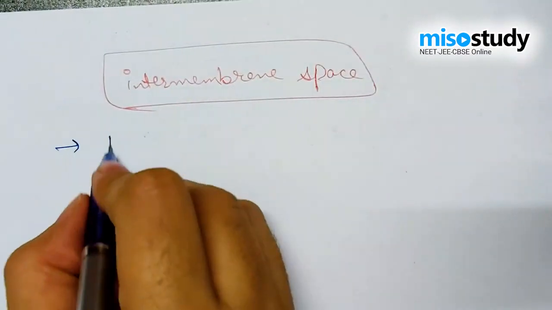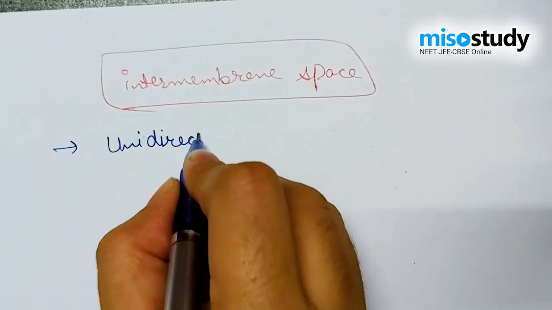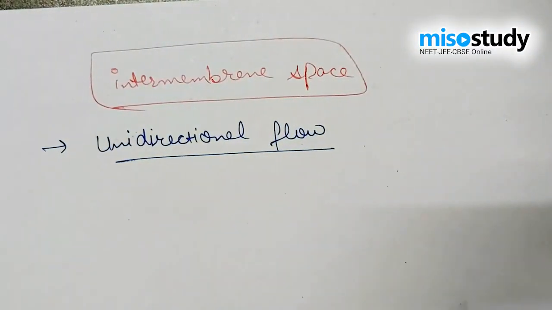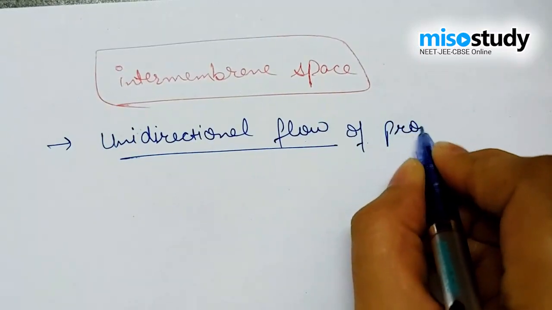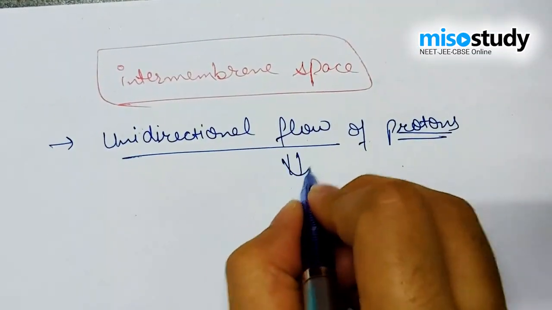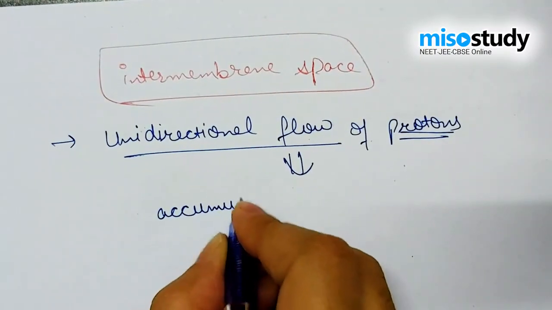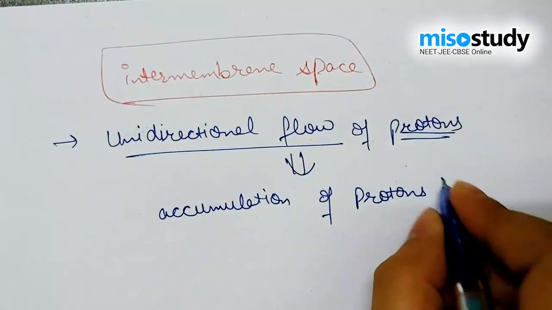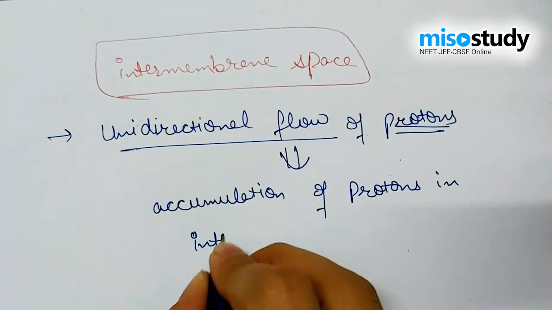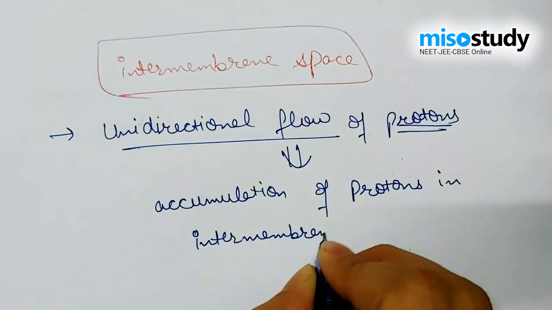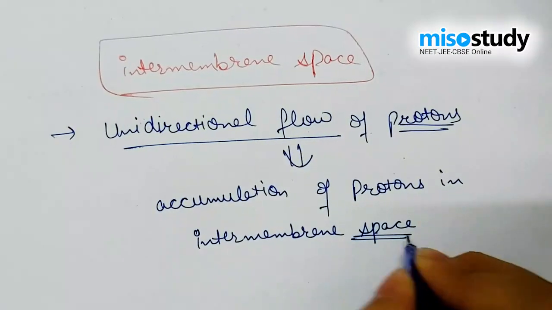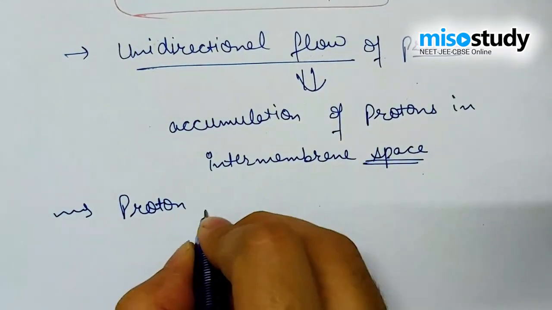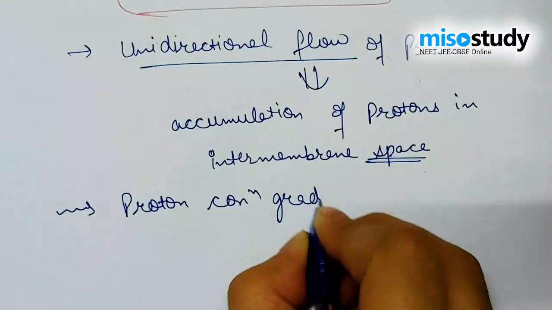This is known as a unidirectional flow of protons, which results in the accumulation of protons in the intermembrane space, due to which there is a rise in the proton concentration gradient.